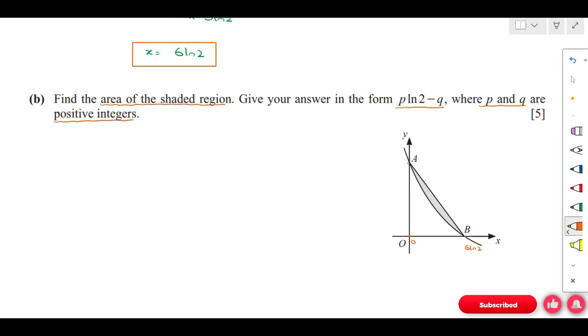So it is better to find the coordinates of A. The curve crosses the y-axis at point A, which means the x component should be equal to 0.